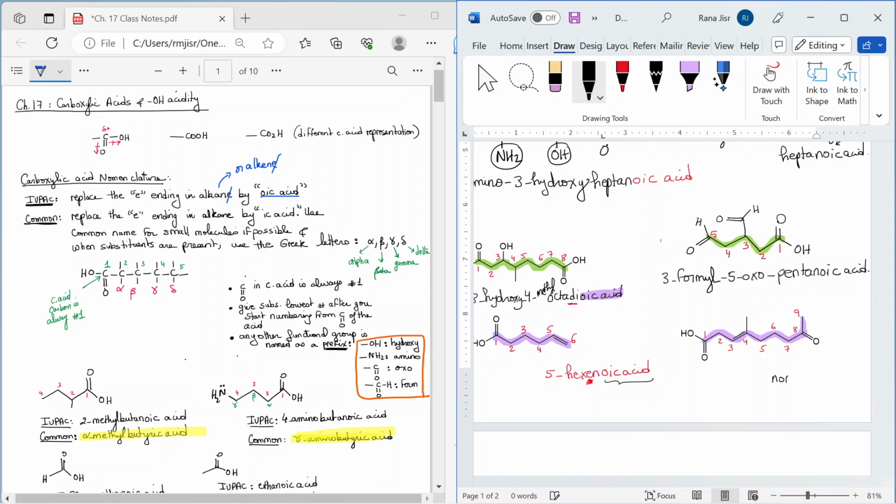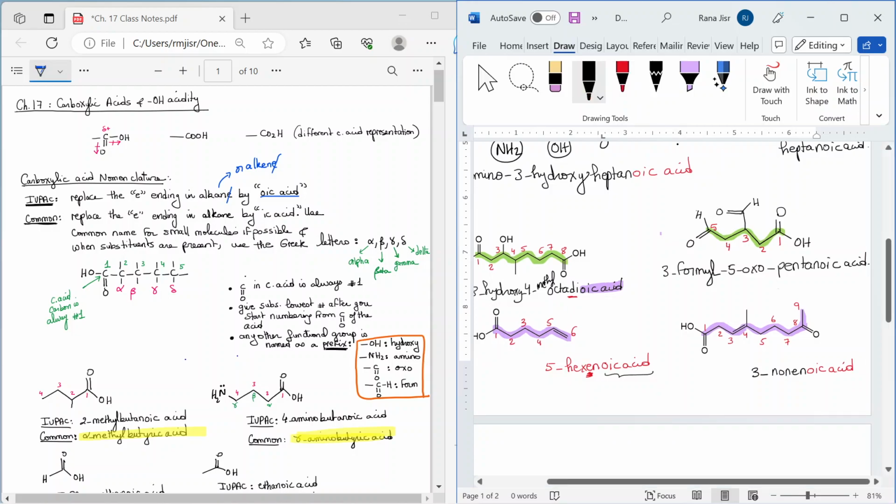This is nonene. So I'm going to go ahead and drop the E, take it out, and I'm going to replace it with oic acid. Number 3, I do have my double bond. So this is the 3. This is for my double bond in there.